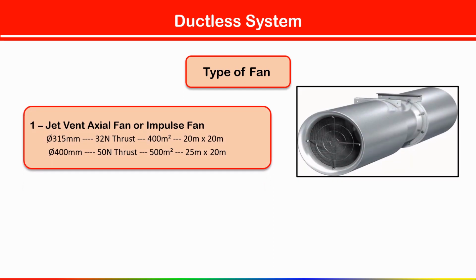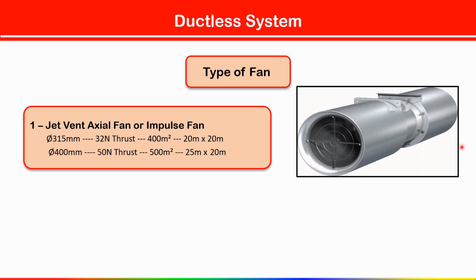First of all we have jet vent axial fans, or you can say impulse fan. In this image I have shown you the jet vent axial fan. Here some standard sizes of fan are available. Suppose you need a 32 Newton thrust fan, so the diameter of that fan is given as 315 mm.